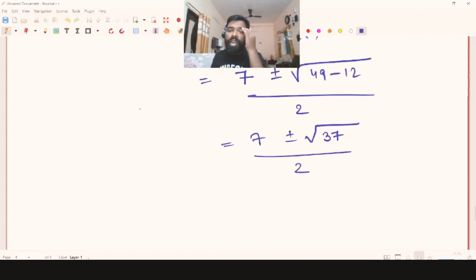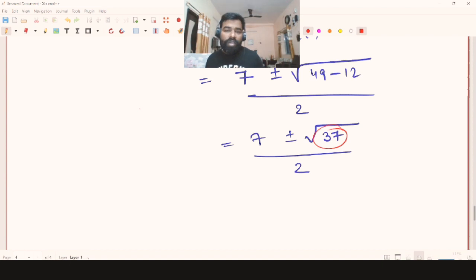Now the question is how to find out the root of this 37. So in the exam hall you will be provided with a square root table and you can look into the table there. You'll get the value of 37, 63, any number. So you will be getting a square root table, so no need to worry.